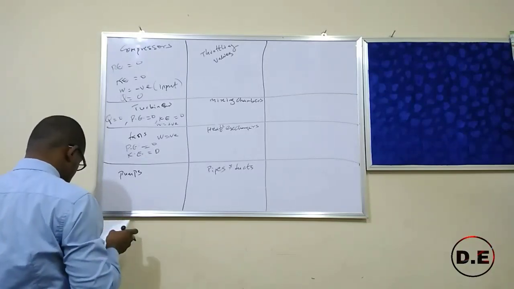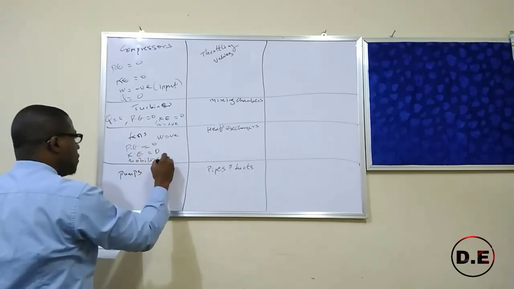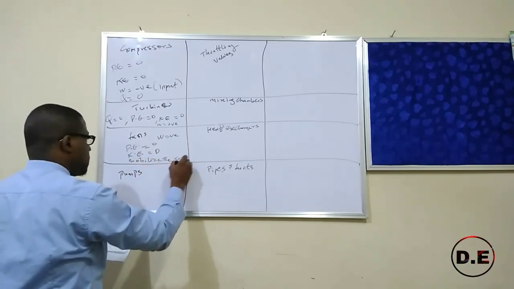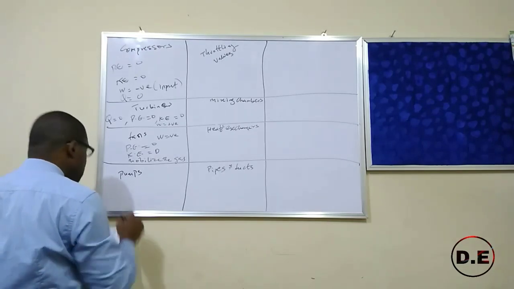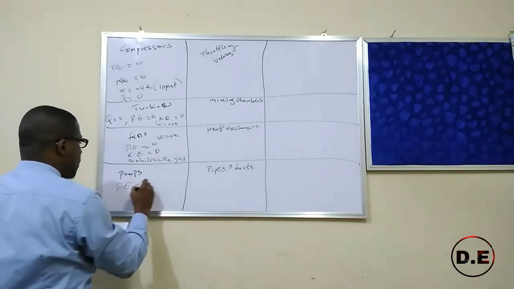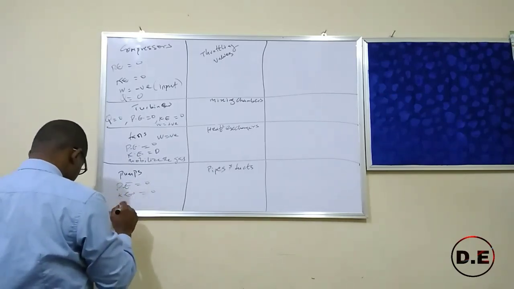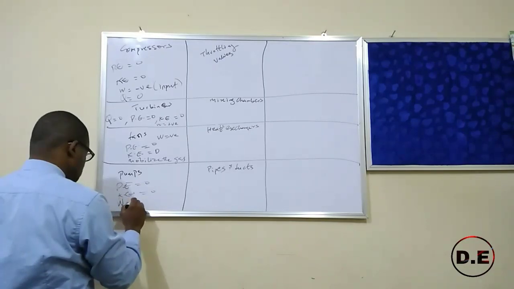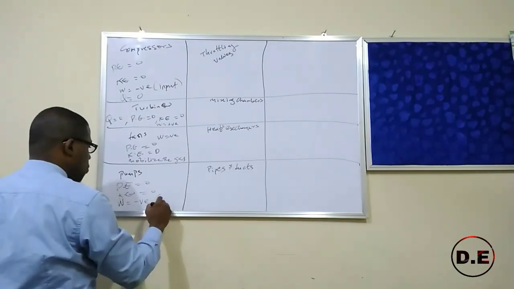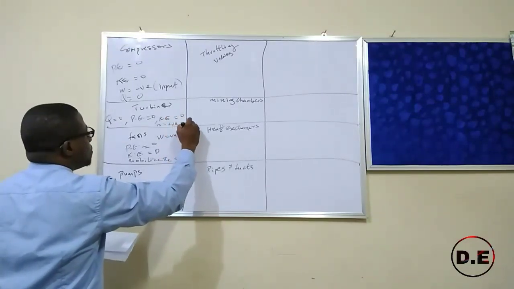Okay. And we know the aim of a fan is to mobilize the gas. Now we have the pump. For the pump, we have the potential energy as 0, the kinetic energy as 0, and the work to be negative, a work input, not a work output.